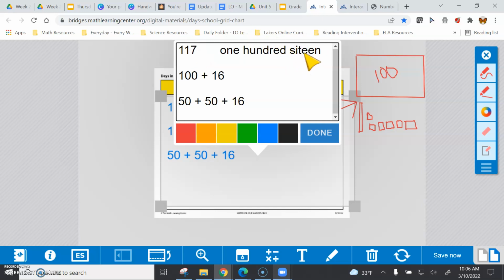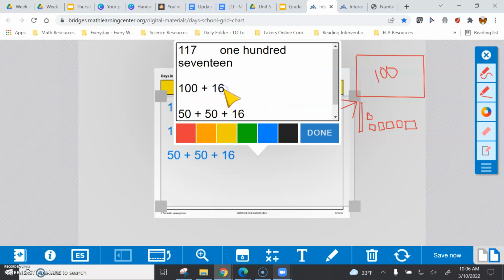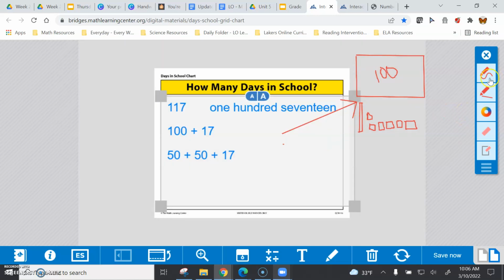Again, you notice each day, I not only change the number, but I change the number word and the math facts to show 117. I will also add one more cube to show 100 plus 10 plus 1, 2, 3, 4, 5, 6, 7 more cubes, 117.